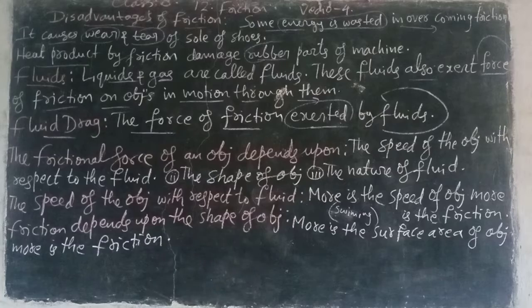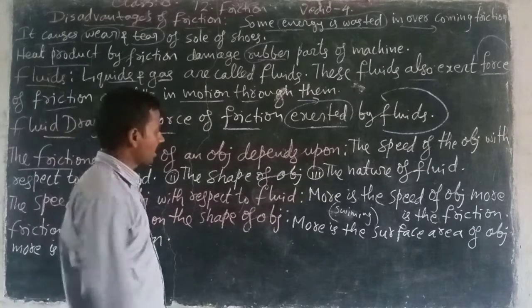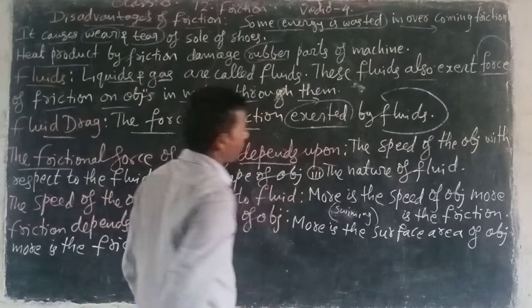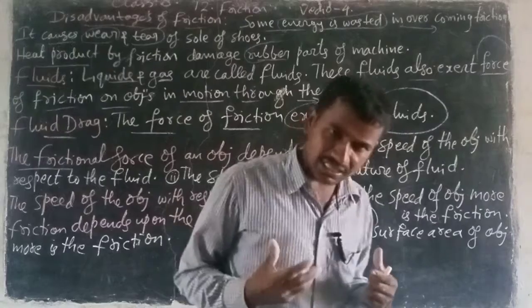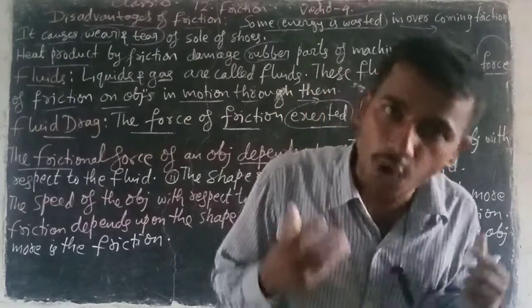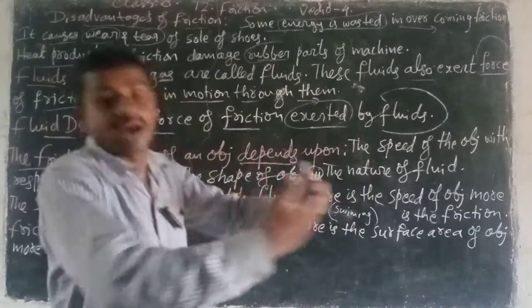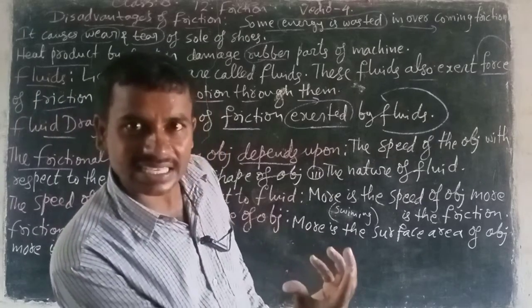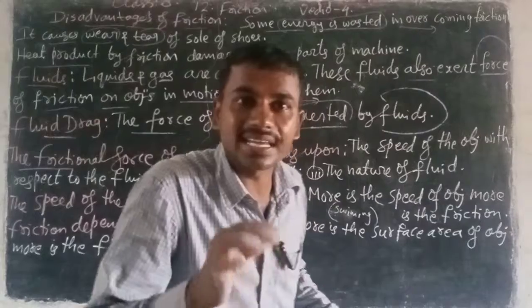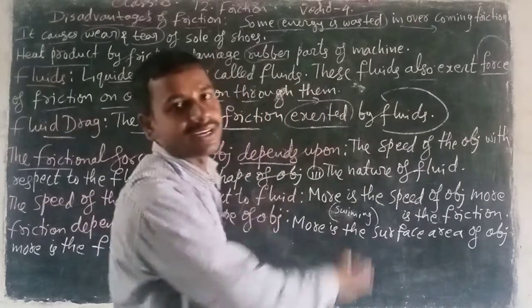Next, the frictional force on an object depends upon what? I told you one situation: the bus does not go at the same speed as the aeroplane. Why?